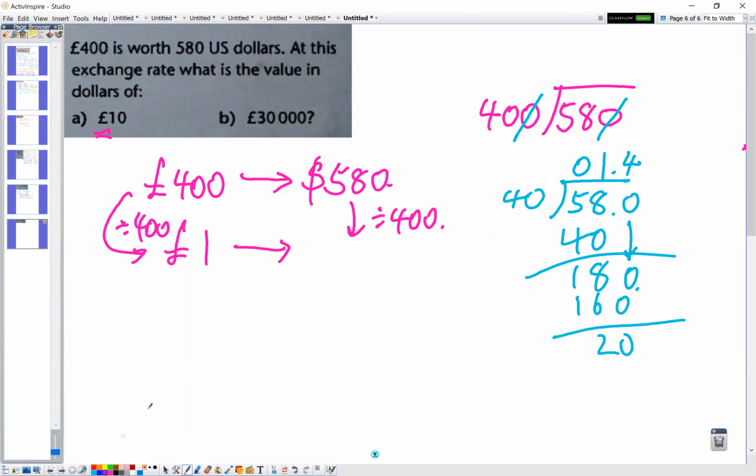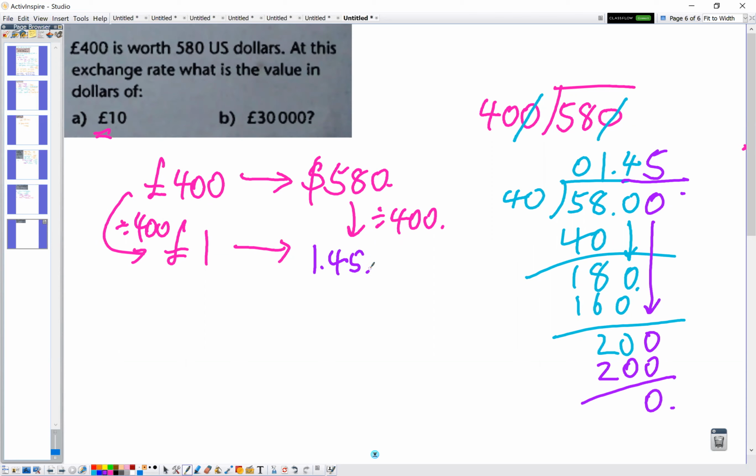Put a decimal point here, 0 coming down, becomes 200. How many 40 going into 200, which is 5? This is 200, remainder 0. The answer is 1.45. So we can write down this is 1.45.